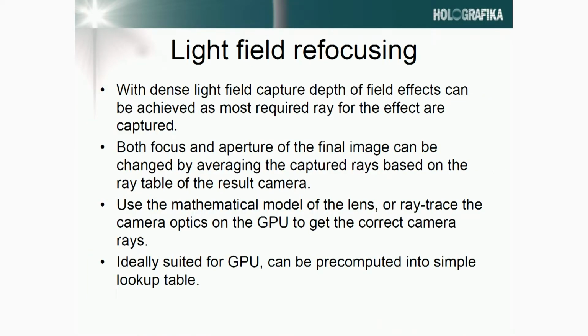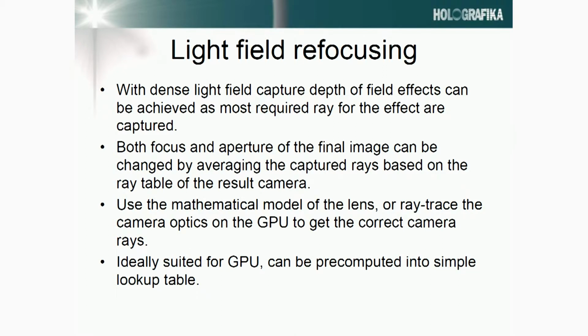With this, you can do light field refocusing, which is a technique, an algorithm that can be very nicely fit on the GPU. You have these images that focus on different planes in the scene, and you can simply average the captured rays based on the camera that you want to simulate.